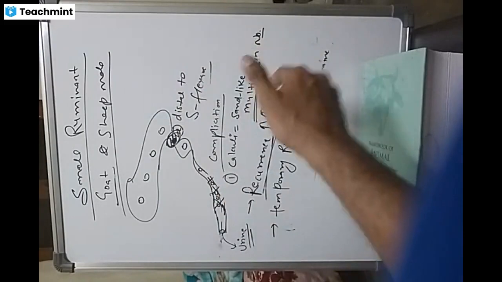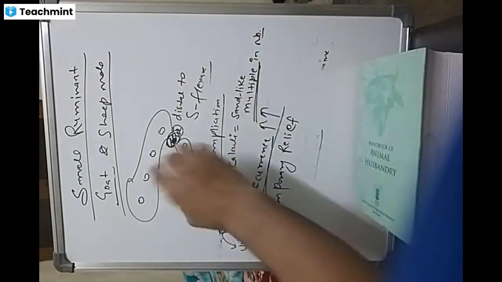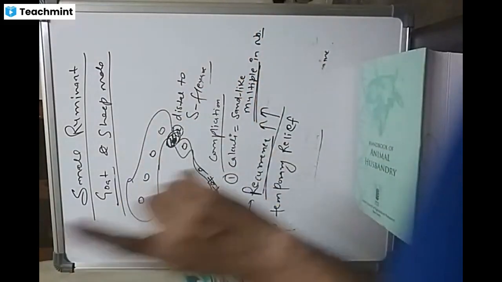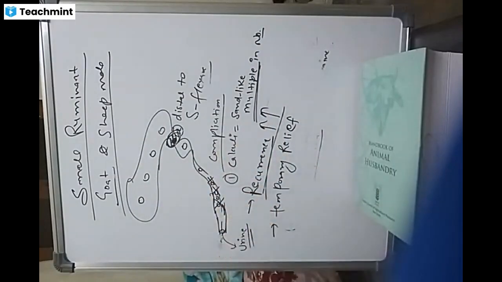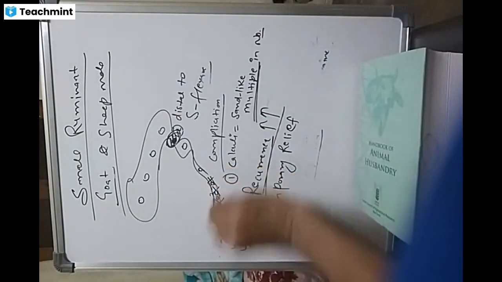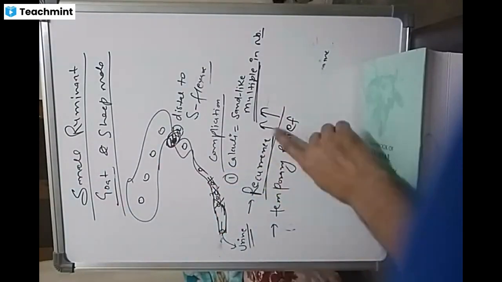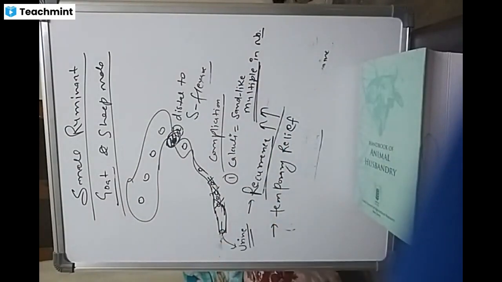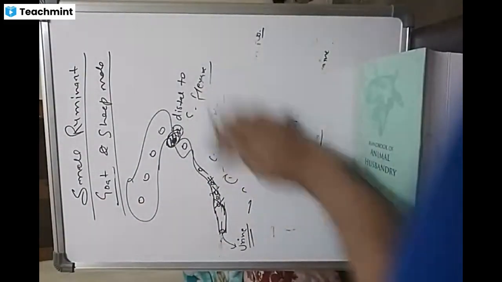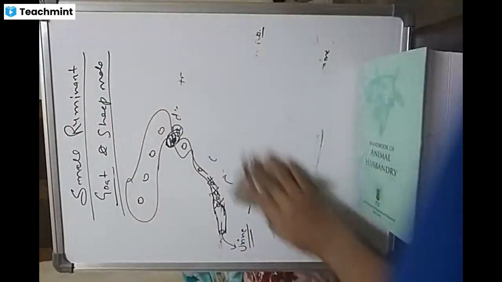After 2-3 days or 4-5 days, the animal will come again with the same problem, that the animal is not urinating and the urethra is obstructed. So what is the best method? What is the best?